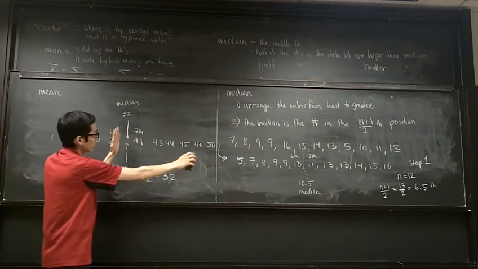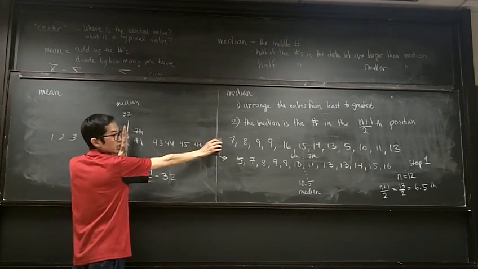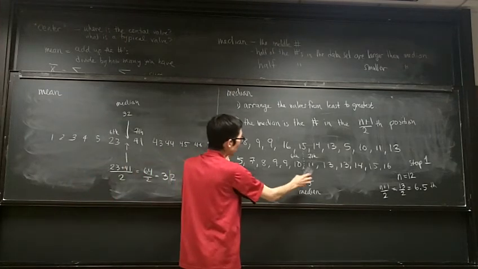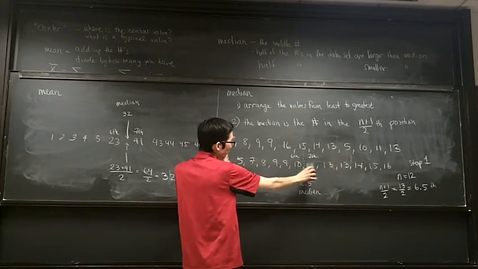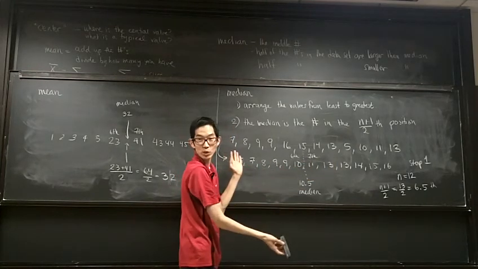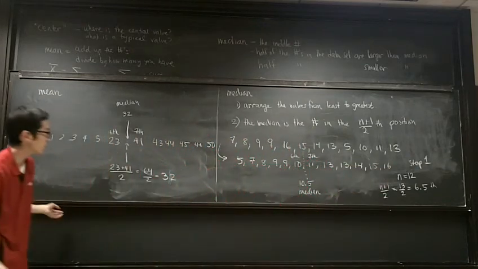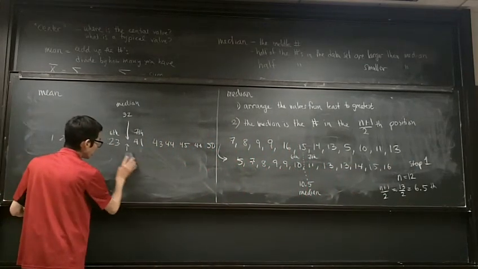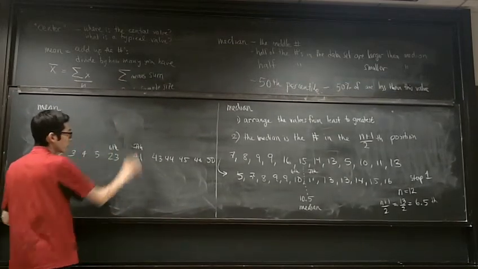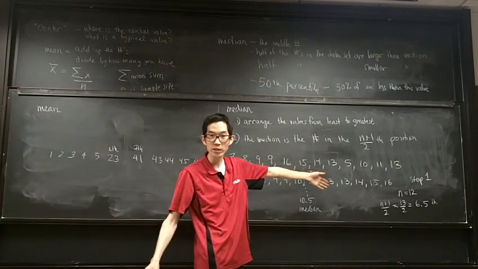To find the third quartile, I take the upper 6 numbers and find the median of those. Taking the median of the lower 6 gives me Q1, and over here I take the upper. On your own, see if you can identify Q1 and Q3 for this set of numbers, and Q1 and Q3 for this set of numbers.